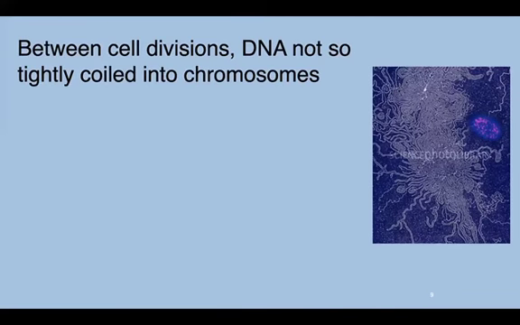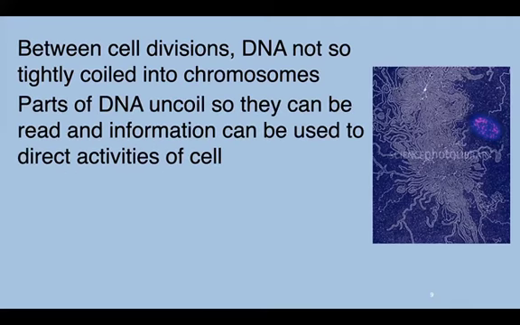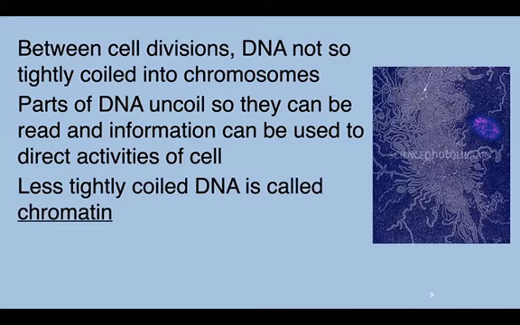So you see that it's not as tightly condensed as chromosomes, but it is still pretty loopy, I guess. It would be difficult to try to read information on these strings without actually uncoiling it further. So that's called chromatin, right? That's what DNA looks like most of the time.